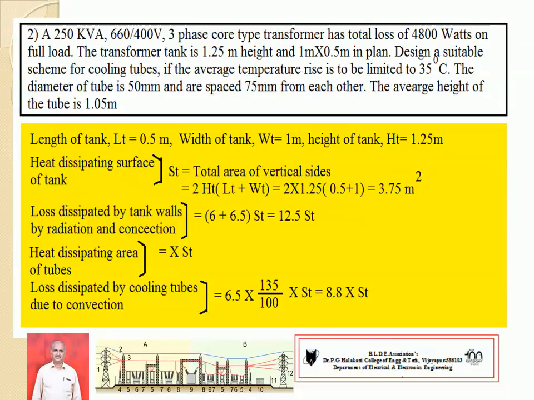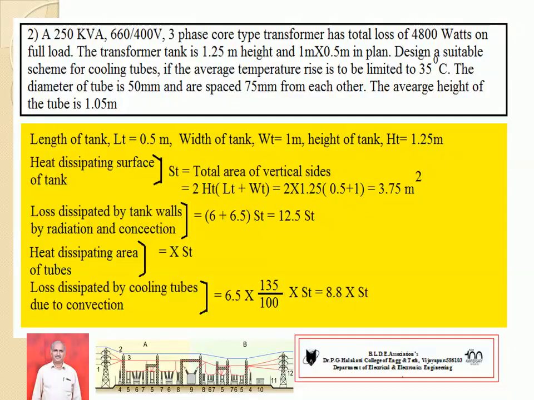Design a suitable scheme of cooling tubes if the average temperature rise is to be limited to 35 degrees centigrade. The diameter of tube is 50 mm and spaced 75 mm from each other. The average height of tube is 1.05 meter. This is the given problem and it is asked in the VTU exam also.